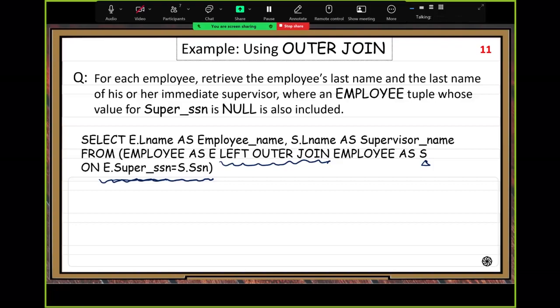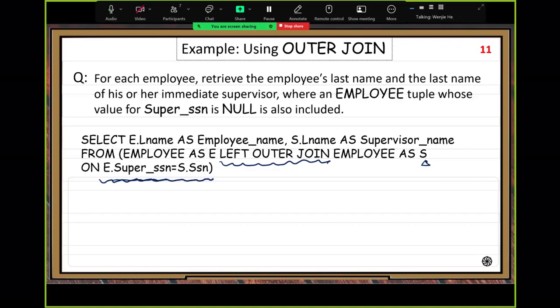Then, after you understand the outer query better, sometimes for some query statements you cannot clearly see that you need to use outer join. But sometimes, if you use outer join, then you can write a query in a very smart way. Although from the question statement it's not very easy to see that you need to use outer join.